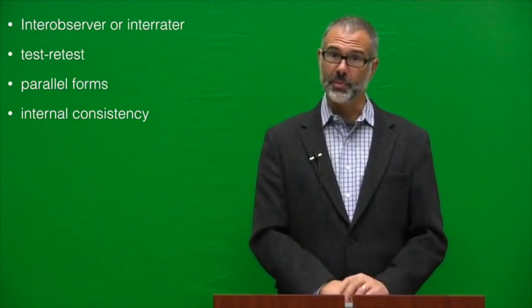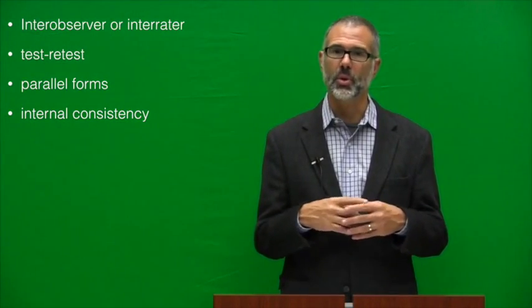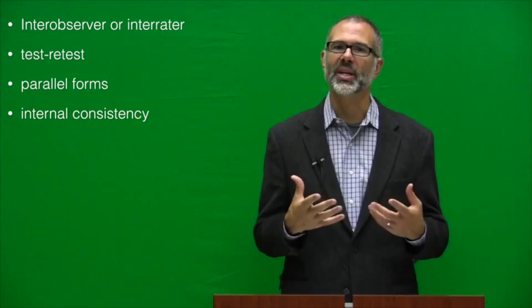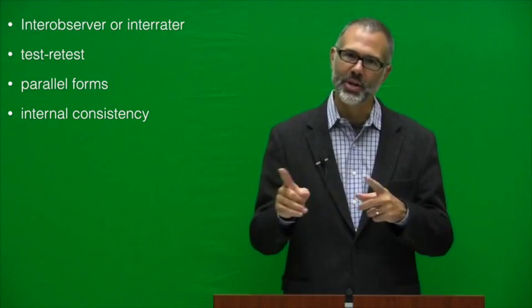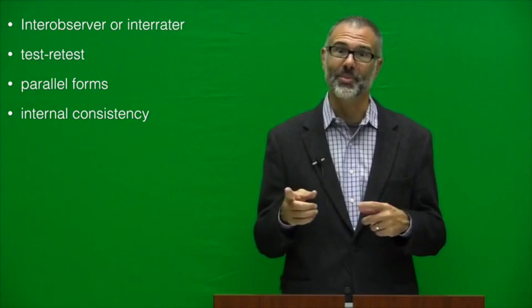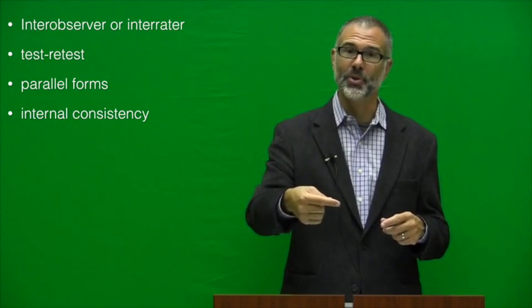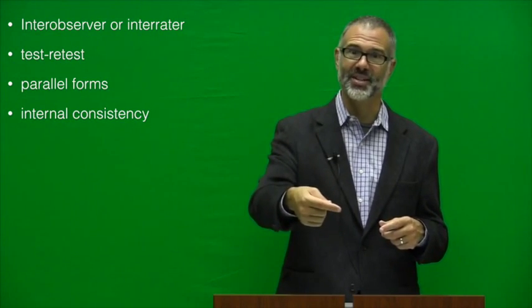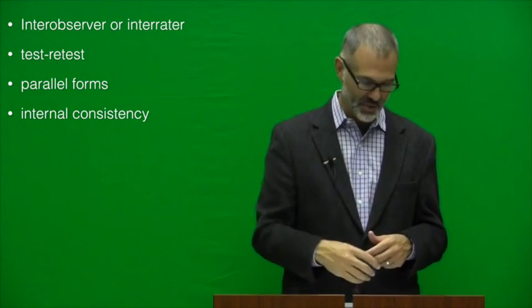There are several different types of reliability. There's inter-rater or inter-observer reliability. So if I have two clinicians go in and interview the same patient, do they diagnose them the same way? That's inter-rater or inter-observer reliability. There's test-retest reliability. If I have you go in and do a diagnostic procedure on a person, and then I go in and have you do the same diagnostic procedure on the person, do you get the same answer both times?